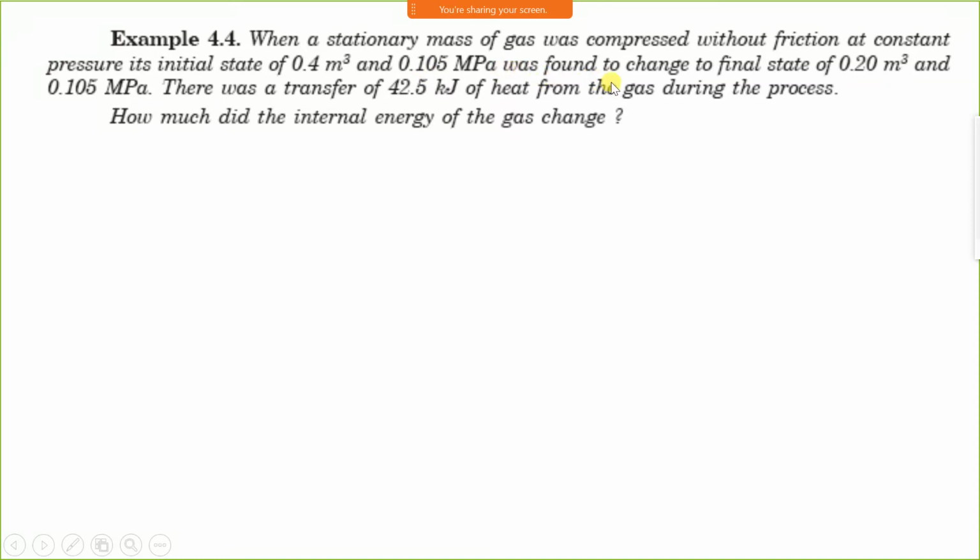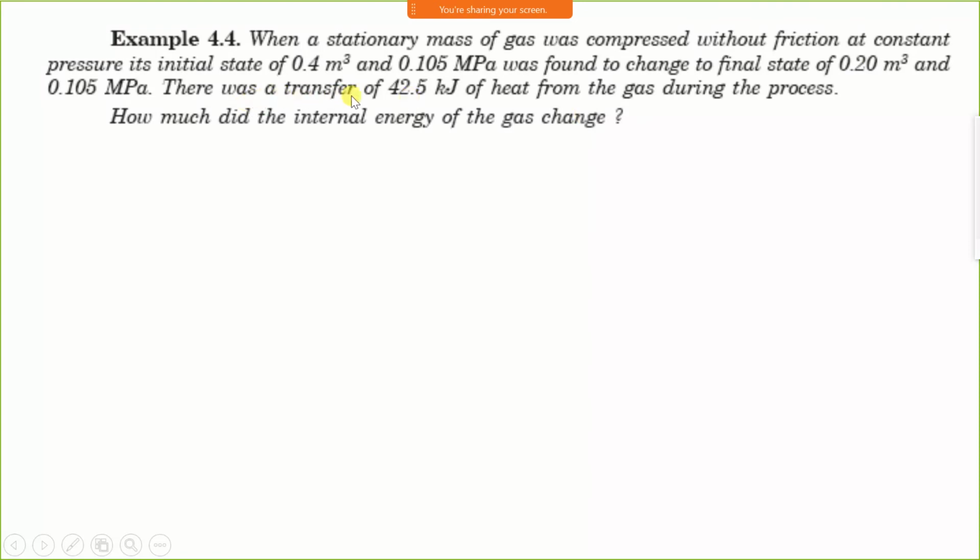It was found to change to the final state after compression. The volume changes to 0.2 meter cube and the pressure remains 0.105 megapascal. Listen here, initially pressure is 0.105 megapascal and finally pressure is also 0.105 megapascal. Means this is a constant pressure compression process, but the volume decreases. Initially volume was 0.4 meter cube and finally volume is 0.2 meter cube.